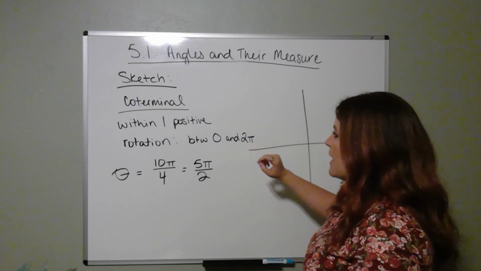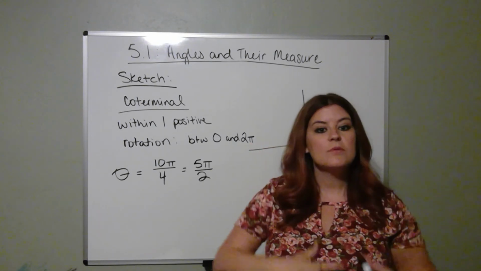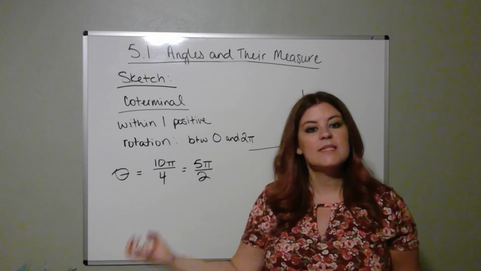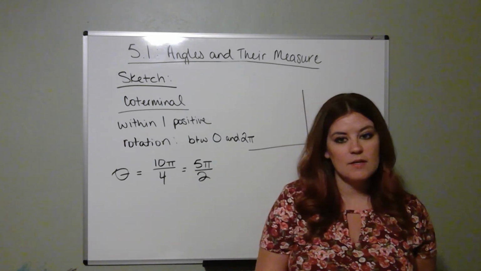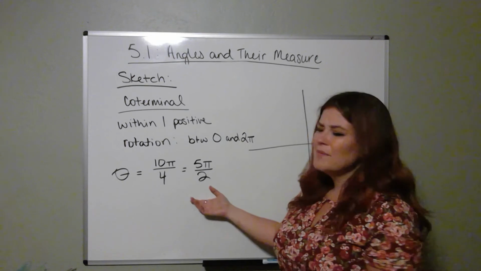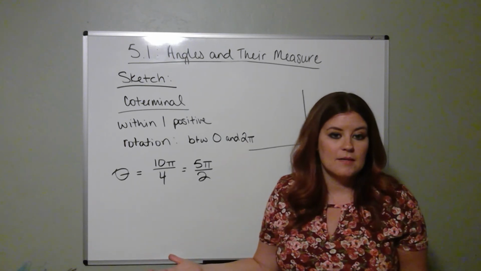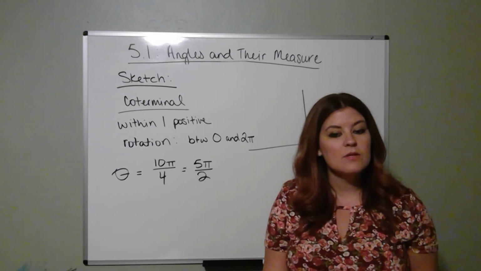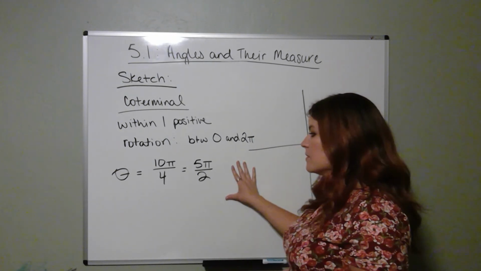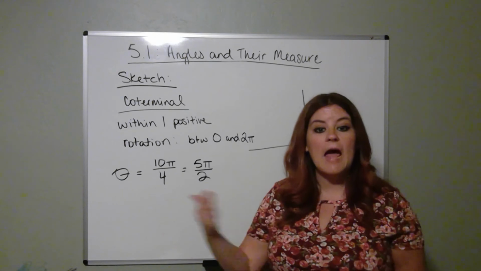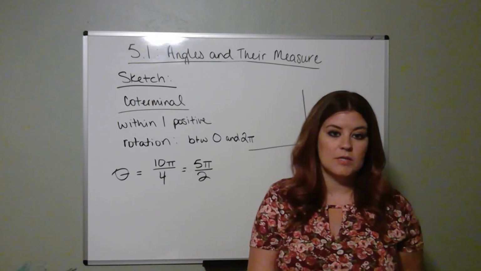Remember when we were looking at the degrees and we had that 600, it was bigger than one rotation. So what I did was I subtracted a full rotation. I subtracted 360. I can do the same exact thing here. It's just I'm not using the number 360 anymore. I'm using 2 pi because we're in radians. So coterminal, whether you're in radians or degrees, you're adding a rotation or you're subtracting a rotation.